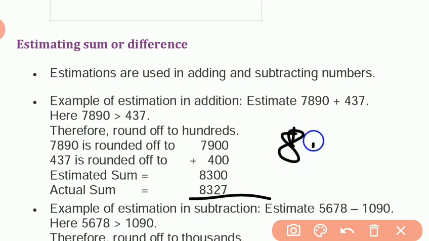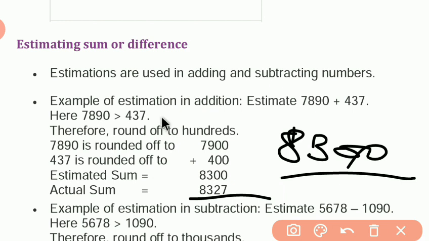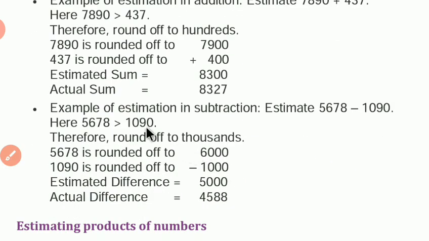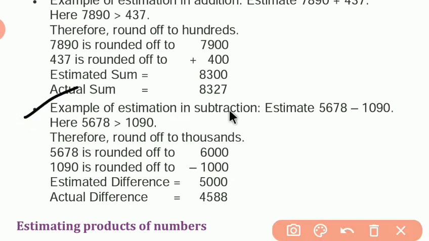If we add this, it will come as 8300. And if we find the actual sum, 7890 plus 437, we will get 8327. And if we estimate after adding, then also we will get 8300.